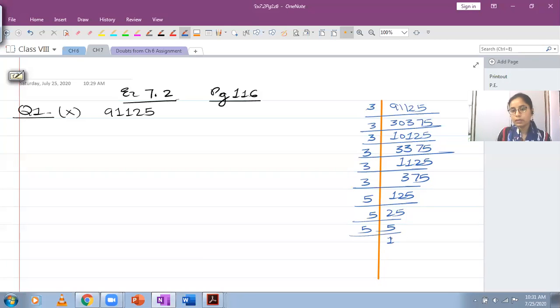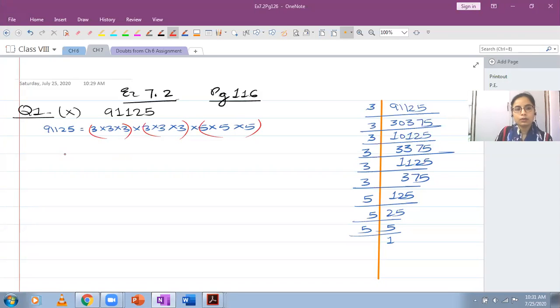So this is what we have, the prime factorization for 91125. I'm just going to write down the prime factorization. I've got 3 appearing 6 times, and I've got 5 appearing 3 times, and the triplets are all complete. Since the triplets are complete, we can say that this is a perfect cube. So now we want to find out the cube root for this number.